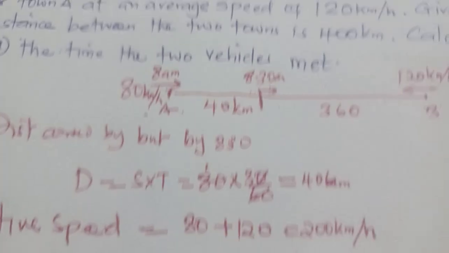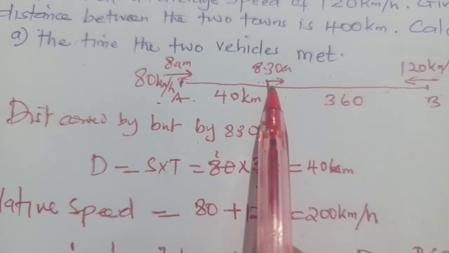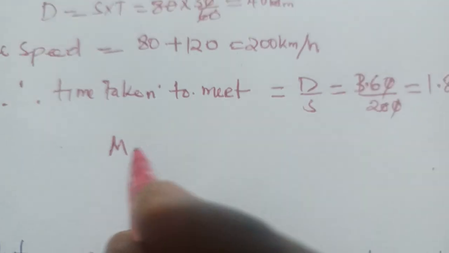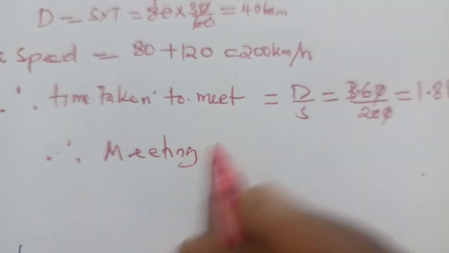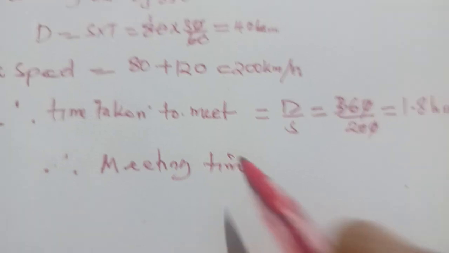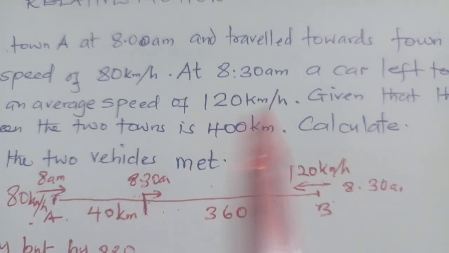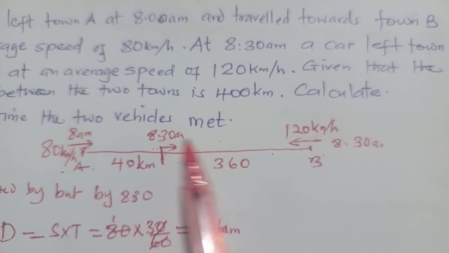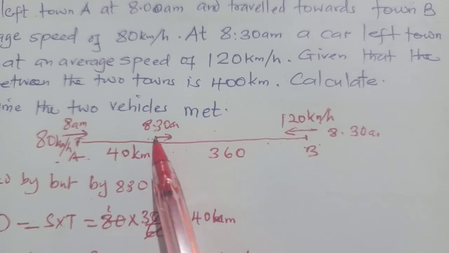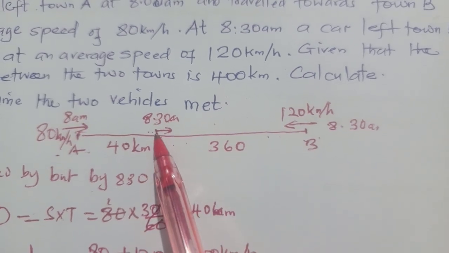So the time of meeting, as asked here, the time the two vehicles met. So the meeting time, you add to the time that they were both in motion, which is at 8:30.